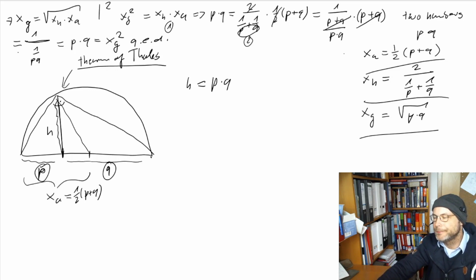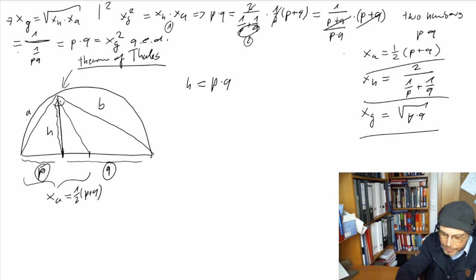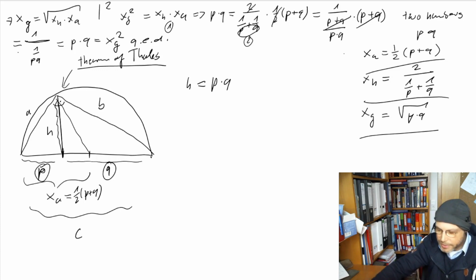Shall we show it? If you say this is a, b, and this should be c, then of course we get a squared plus b squared is c squared.